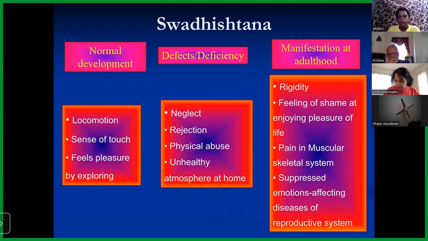He does not know how to enjoy the pleasure of life. When he gets married, he must love his wife and his children, but all these things are totally denied to the wife and the children. The materialistic pleasure of life is totally denied. He isolates himself. He also does not enjoy life. This is the reaction shown by the adult.